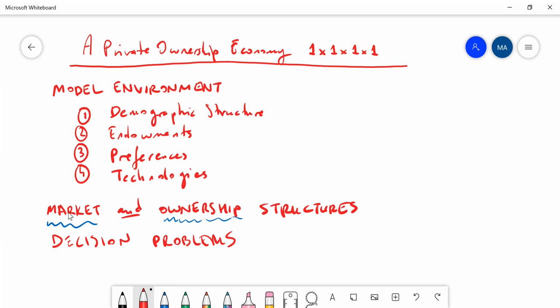The decision problems are usually utility maximization, cost minimization, or profit maximization, right? But depending on your model, there could be different types of agents that take different decisions.